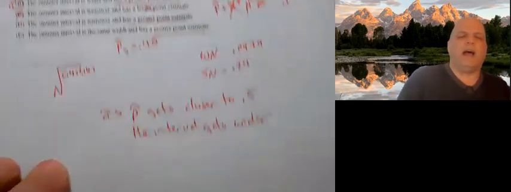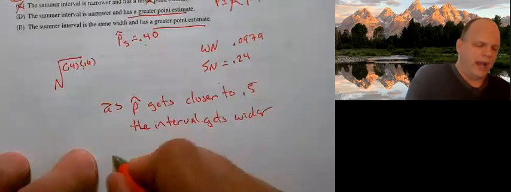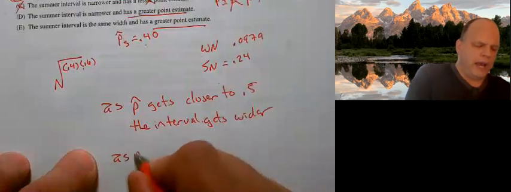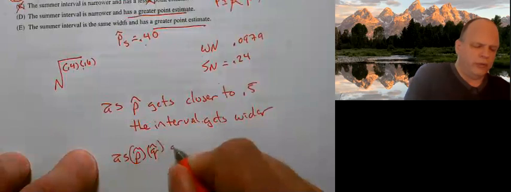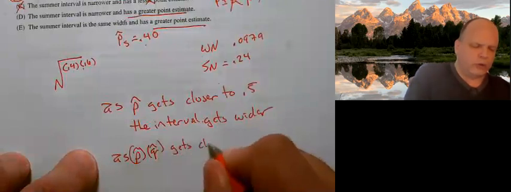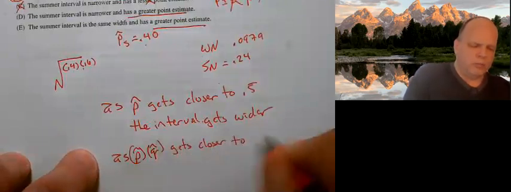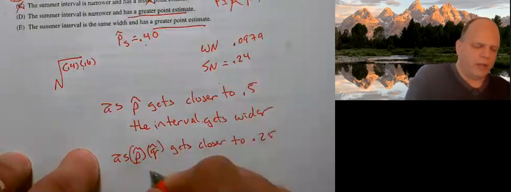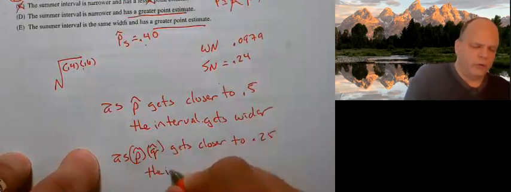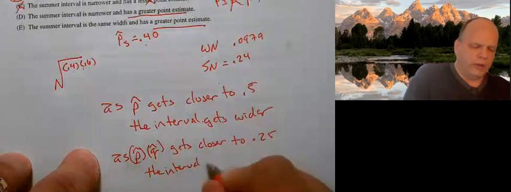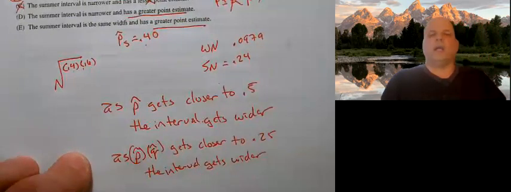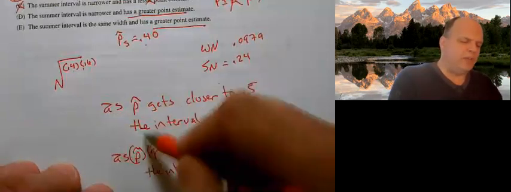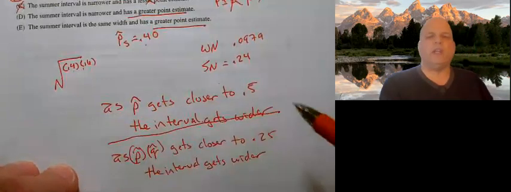If you don't like that, you can say as P hat times Q hat gets closer to 0.25, the interval gets wider. Both of those mean exactly the same thing. It's just two different ways of thinking of it.